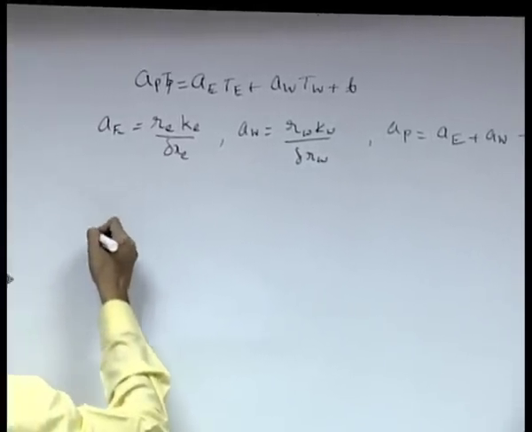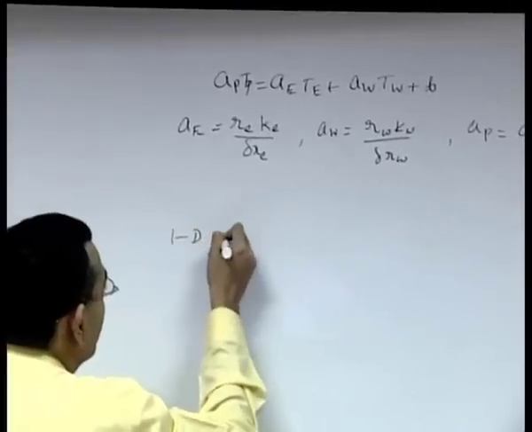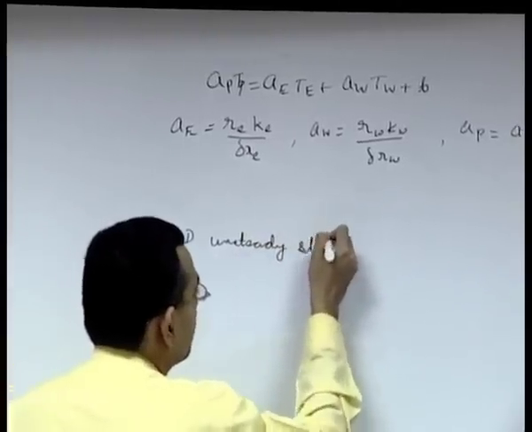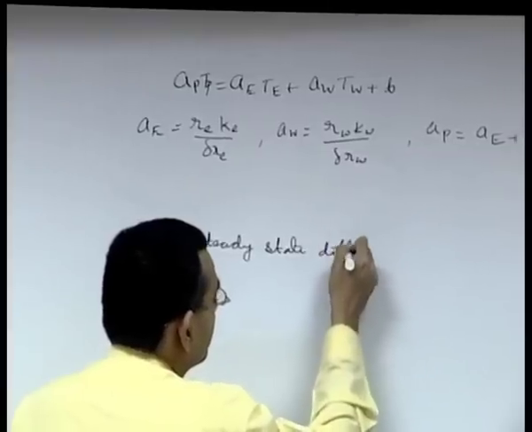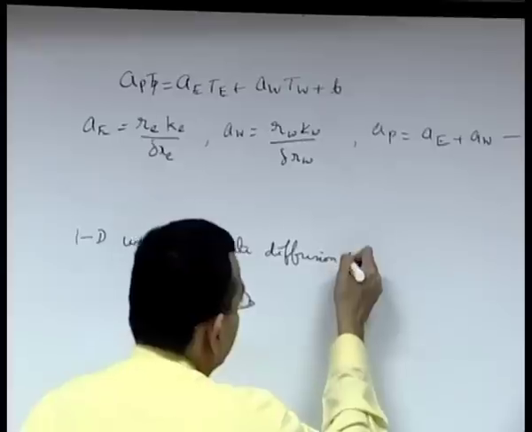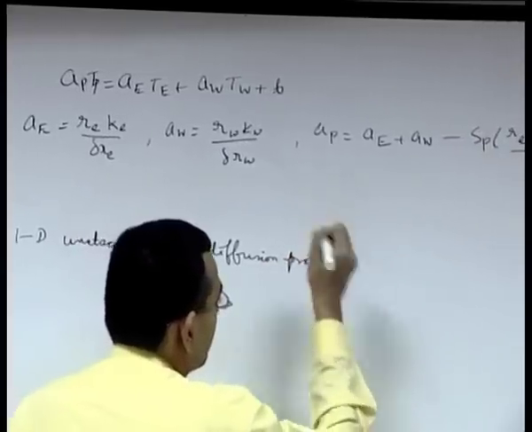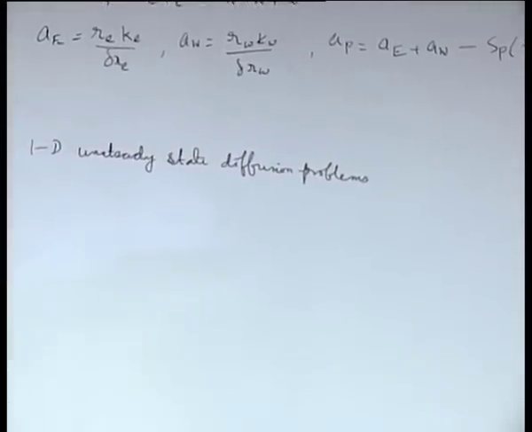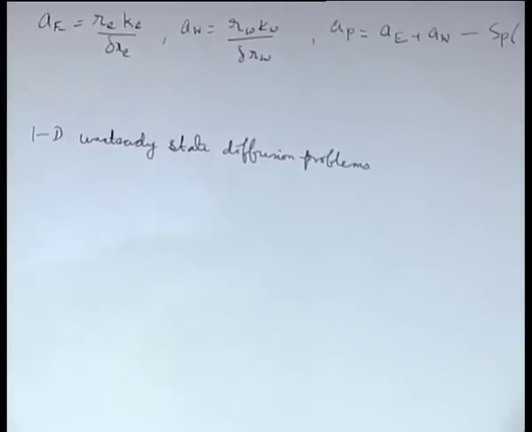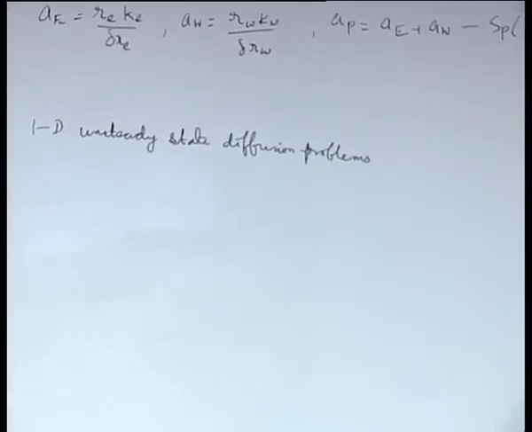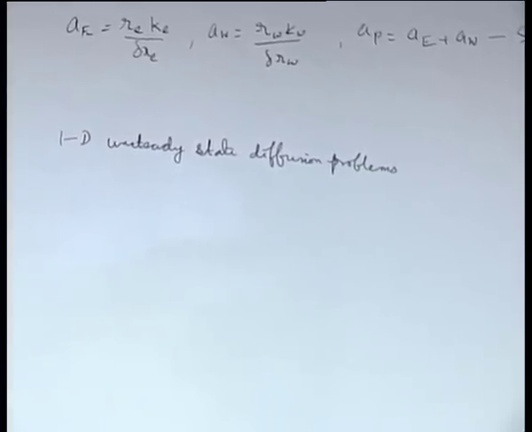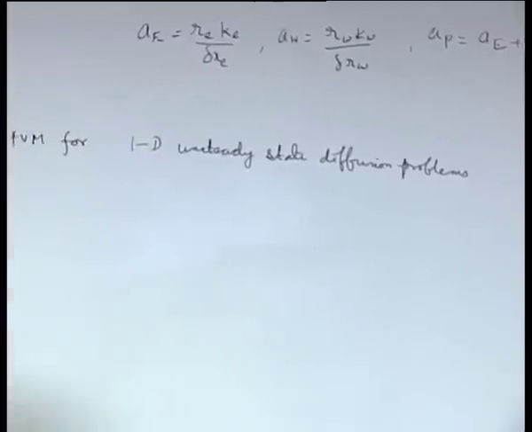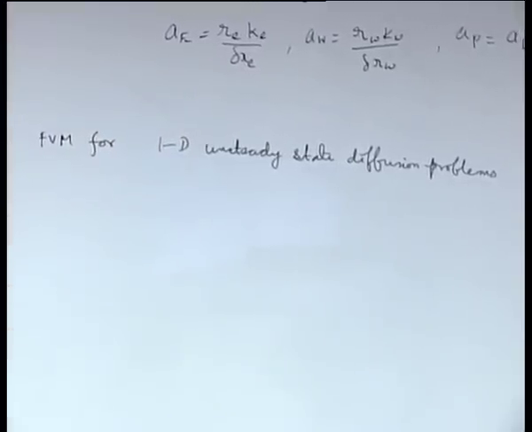So, now we will move on to one dimensional unsteady state diffusion problems, and we are still considering the finite volume method for the discretization.